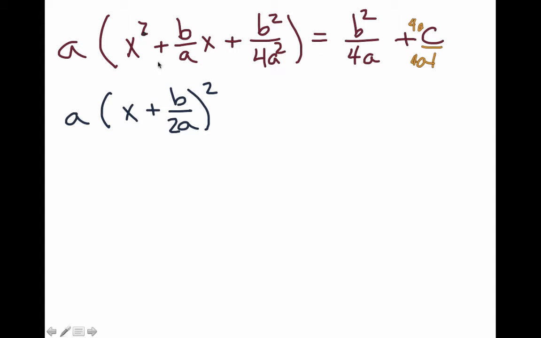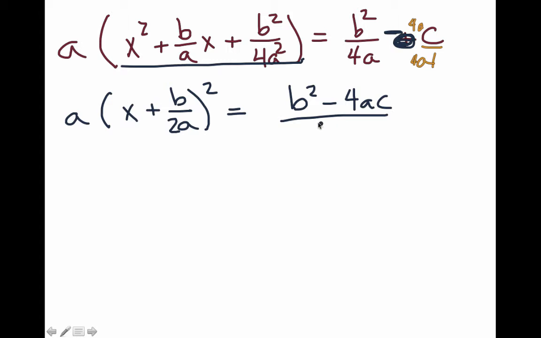Remember, the whole reason we did this messy algebra was so that this would factor to a perfect square. That equals b squared minus 4 times a times c. I think that's a mistake there. I'm sorry. That should have been a minus sign. That should have been a minus sign, all over 4a.